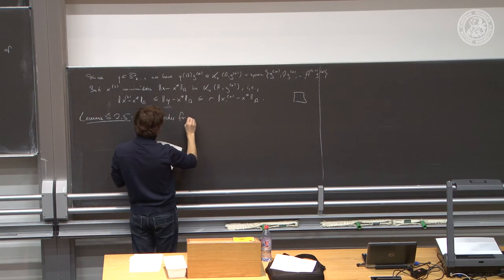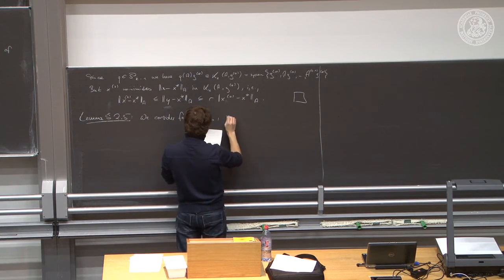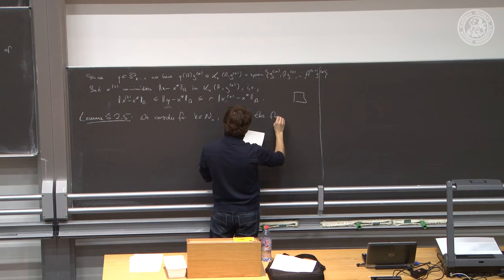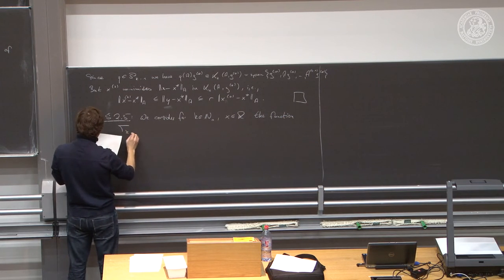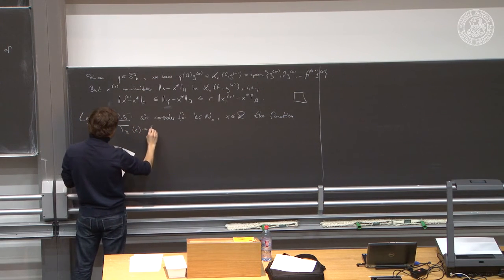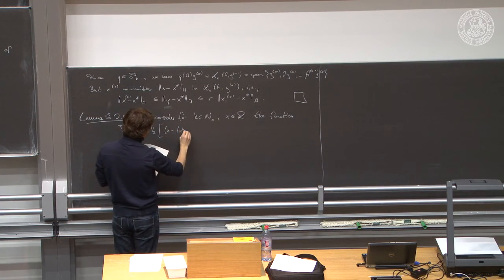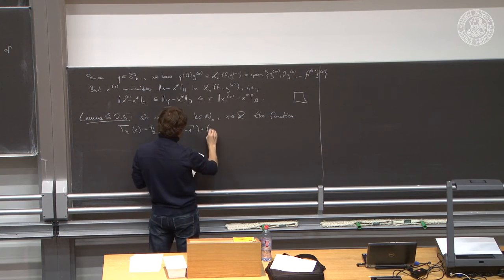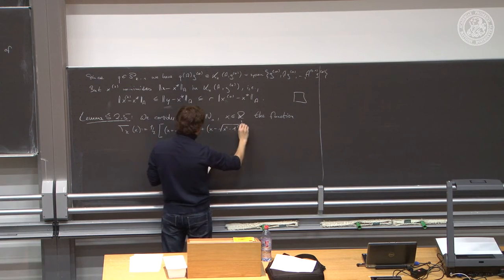We consider for any natural number k and any real scalar x the function T_k of x defined as 1/2 times (x plus the square root of x squared minus 1) to the power k plus (x minus the square root of x squared minus 1) to the power k.